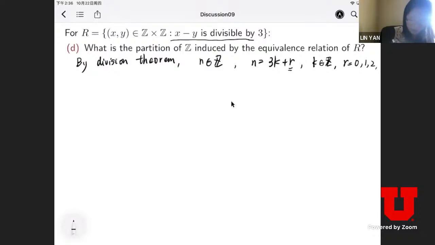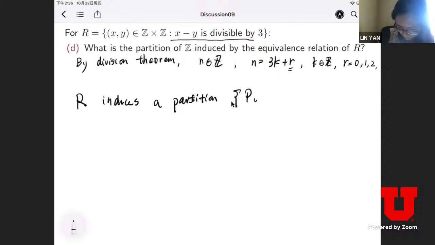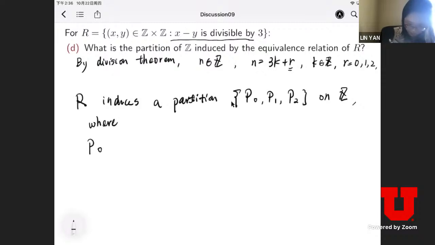So we say this relation induces a partition P0, P1, P2 on the integer set, where P0 is equal to the integers such that n is equal to 3k, and k is also an integer.